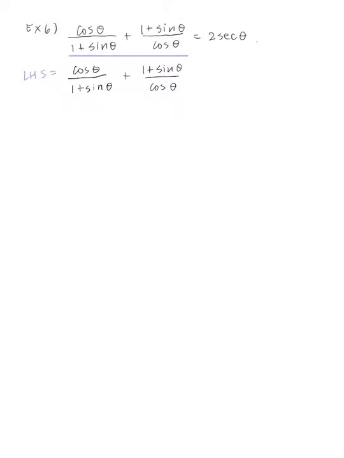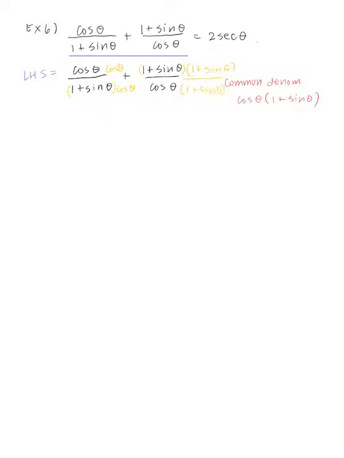So the common denominator is what? The common denominator is cosine of theta times 1 plus sine of theta. Okay, so that means what? I need to multiply this by cosine of theta and cosine of theta, and I need to multiply this by 1 plus sine of theta and 1 plus sine of theta.